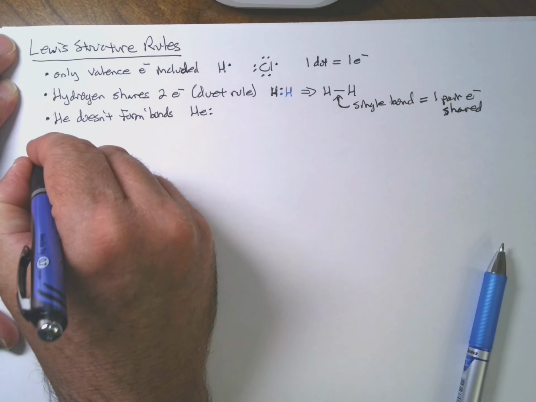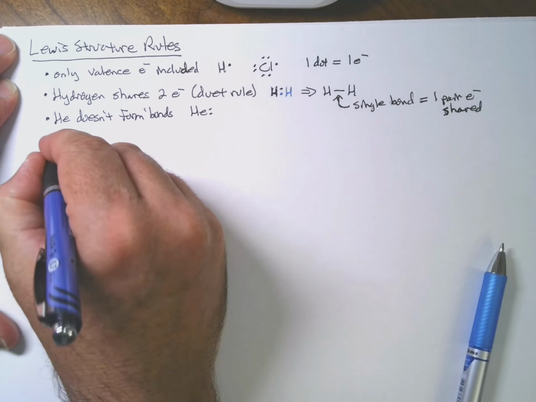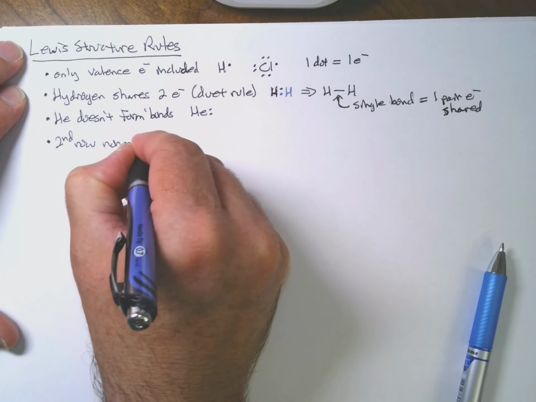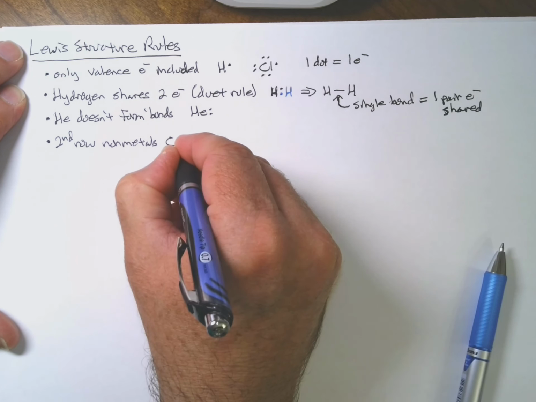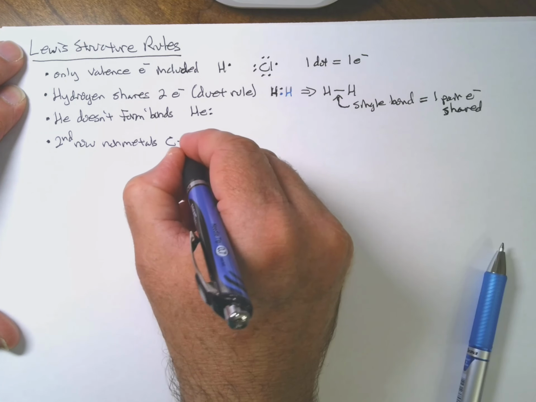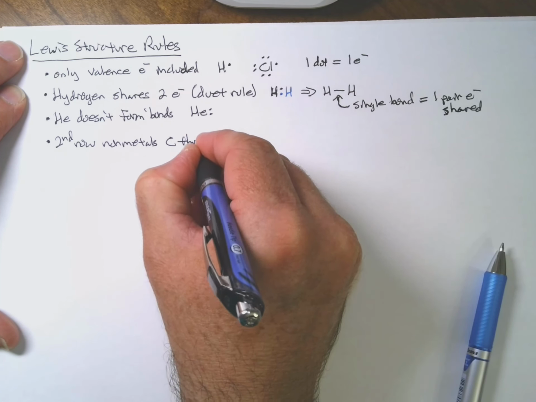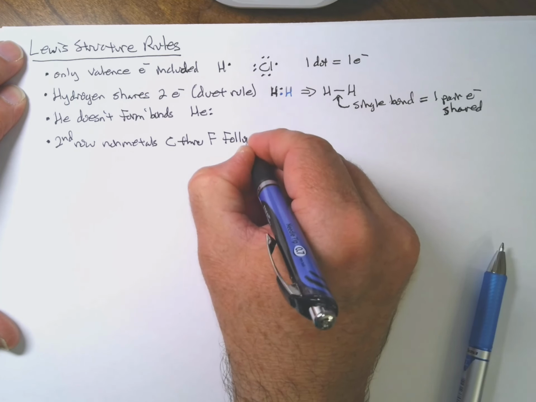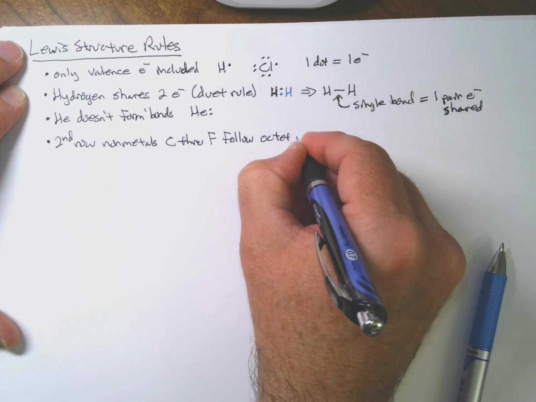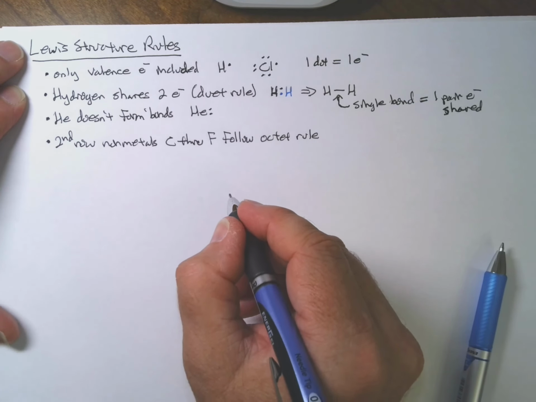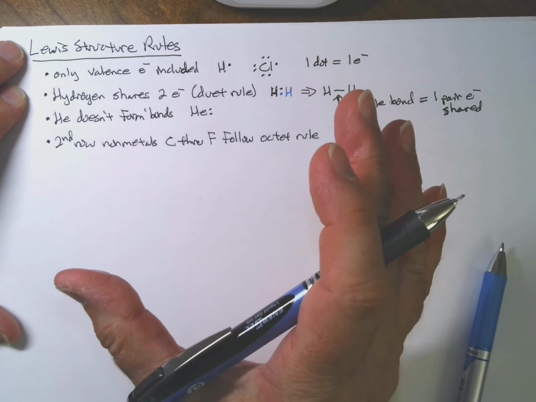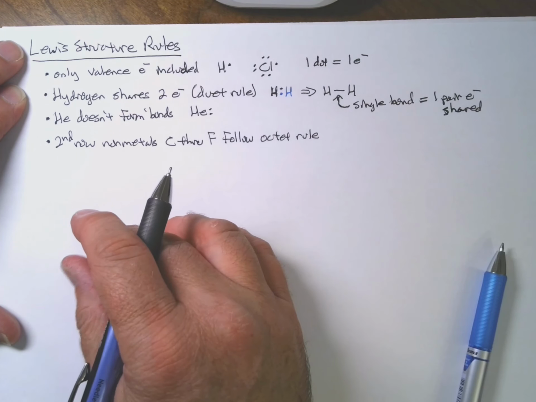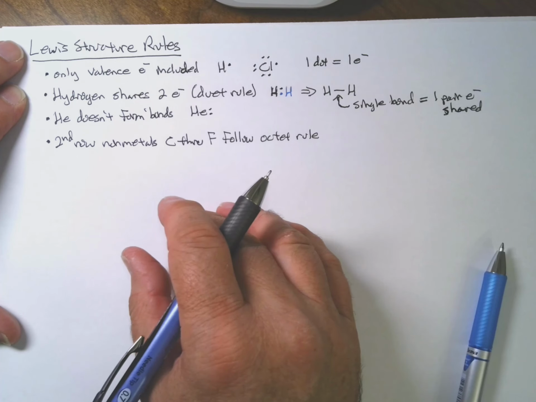And then the second row nonmetals, carbon through fluorine, follow an octet rule. That is, they're surrounded by enough shared electrons to fill the valence orbitals, the 2s and all 3 of the 2p orbitals.